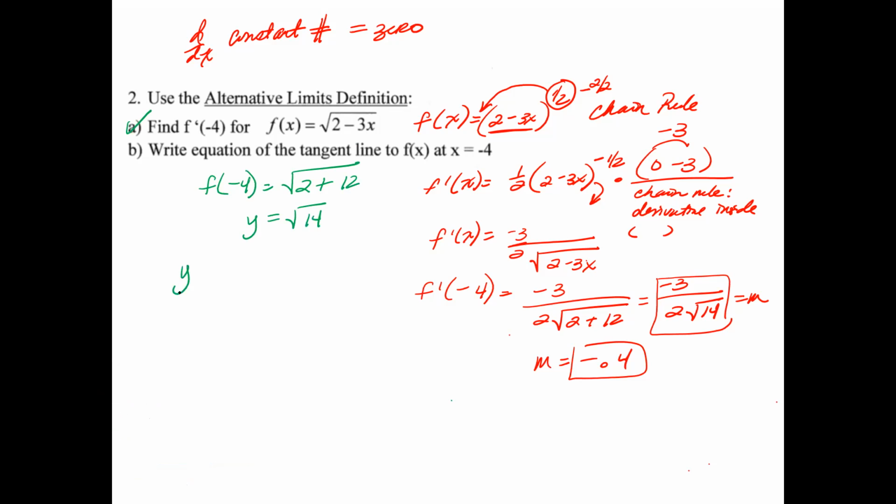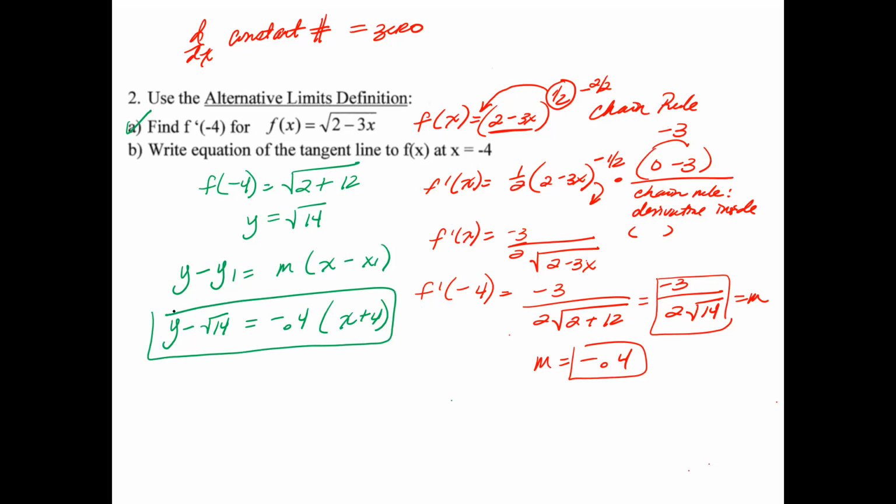So then with this one, let's do point slope form. So then I have y minus square root of 14 equals a slope, which is a negative 0.4 times x minus 4, so x plus 4. And you can go ahead and simplify that a little bit further, but that essentially is going to be your equation.